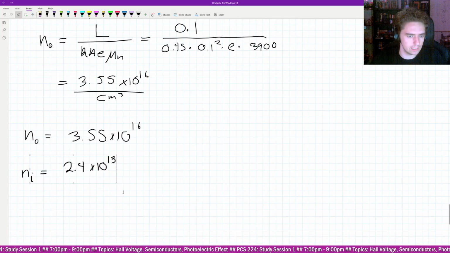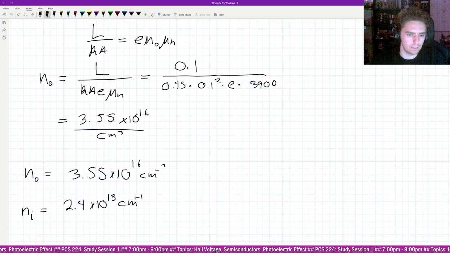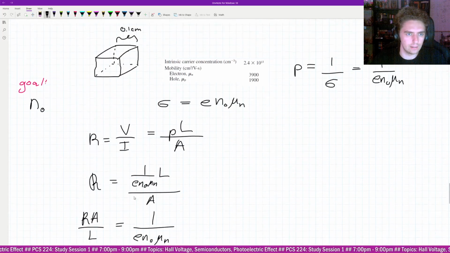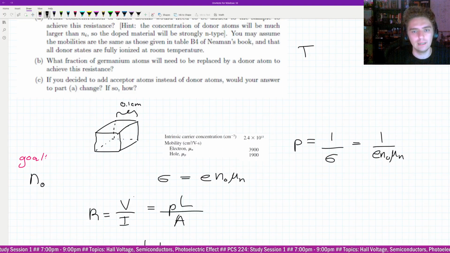The intrinsic is the concentration per centimeter cubed. What fraction of germanium atoms will need to be replaced by a donor atom to achieve this resistance?